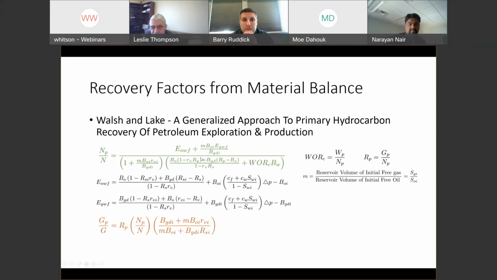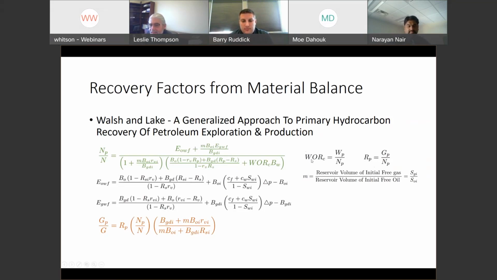I apologize, it's kind of a busy slide, but for reservoir engineers, it should kind of make sense. So it's a function of those PVT properties at abandonment pressure, as well as the cumulative producing water oil ratio and the cumulative producing gas oil ratio. And also a function of the initial size of the gas cap, if there's one. I'll talk about that more in a second.